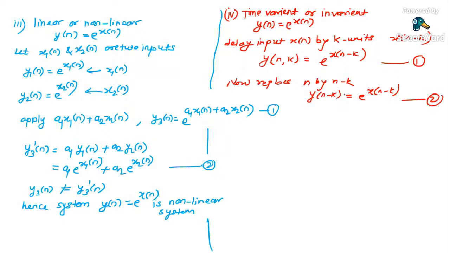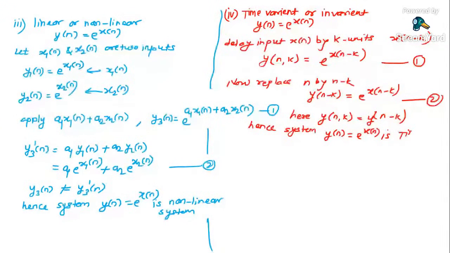Equation number 2. Now compare both the equations, both are equal, means y of n comma k is equal to y of n minus k. Hence the system y of n is equal to e raised to x of n is what type of system?